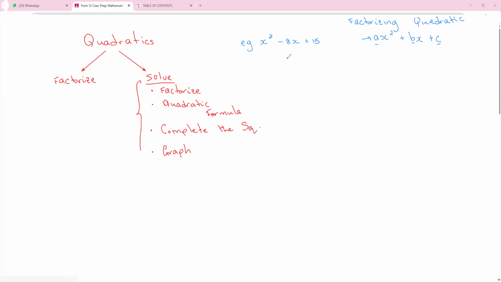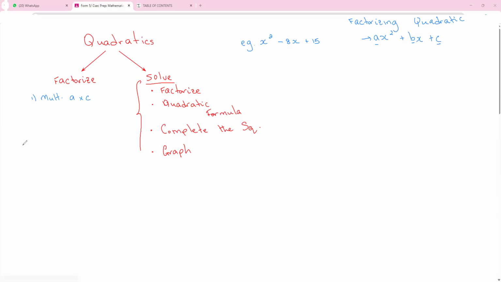So x squared minus 8x plus 15. So we're looking at factorizing. Now, the first step in factorizing any quadratic is multiplying the value of a, whatever a is, we multiply it by the value of c.